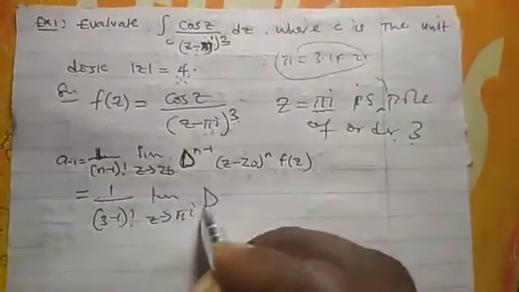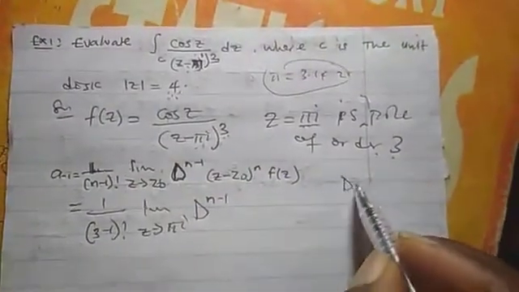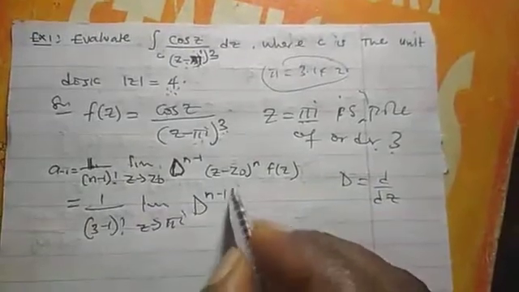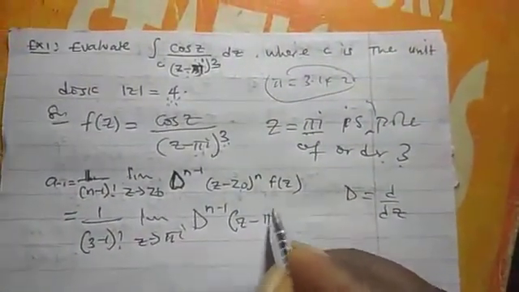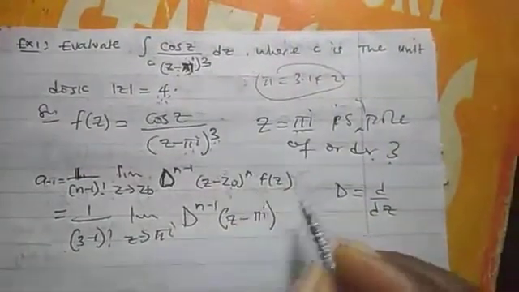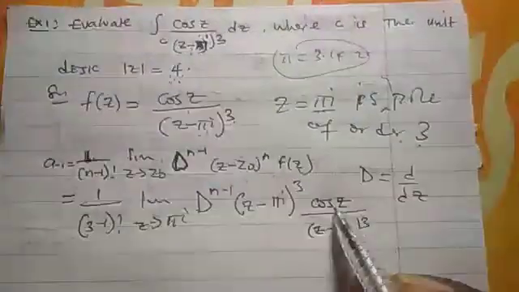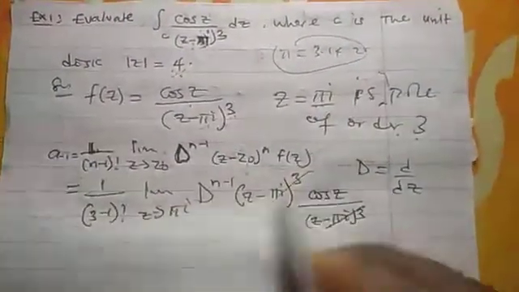Then the n minus 1 derivative. This means differentiation; we know that d simply means d dz. So in this case, we have z minus z naught, where our z naught is pi i, raised to power n, our n is 3, times f of z. This is our f of z. Now from this, this will cancel this.